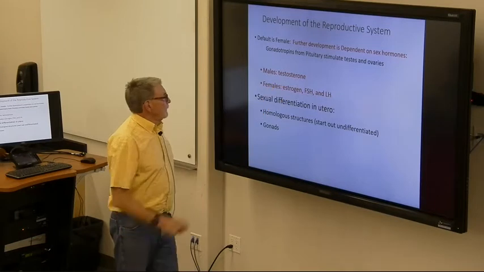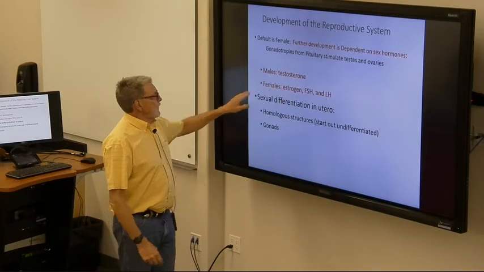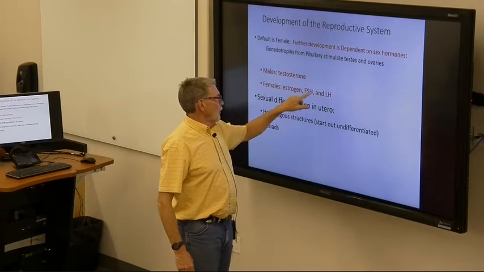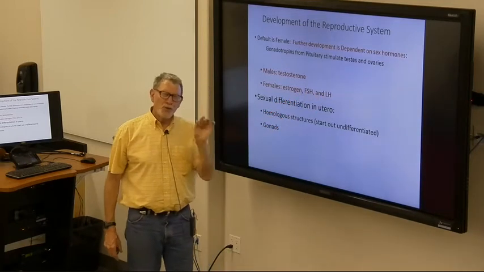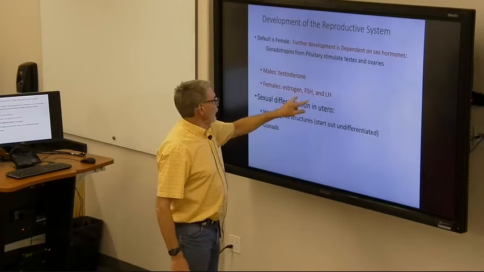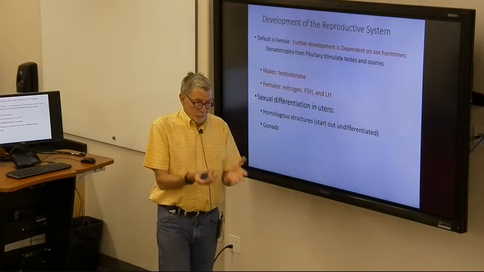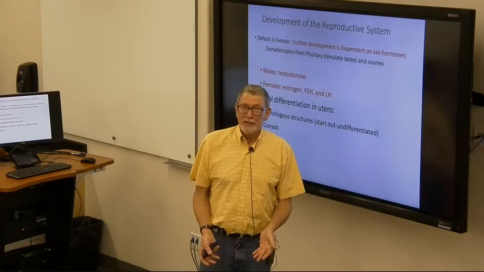Males need testosterone, females estrogen. Follicle stimulating hormone and luteinizing hormone come from the pituitary. They will stimulate both sets of gonads once they develop into whatever they're developing into.